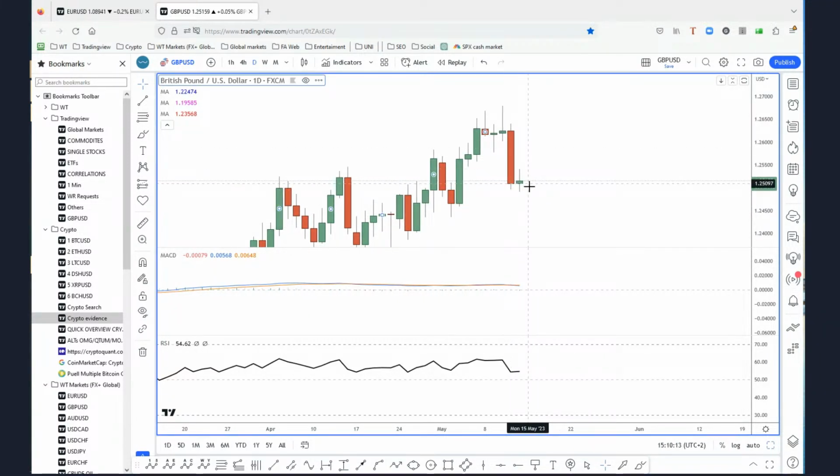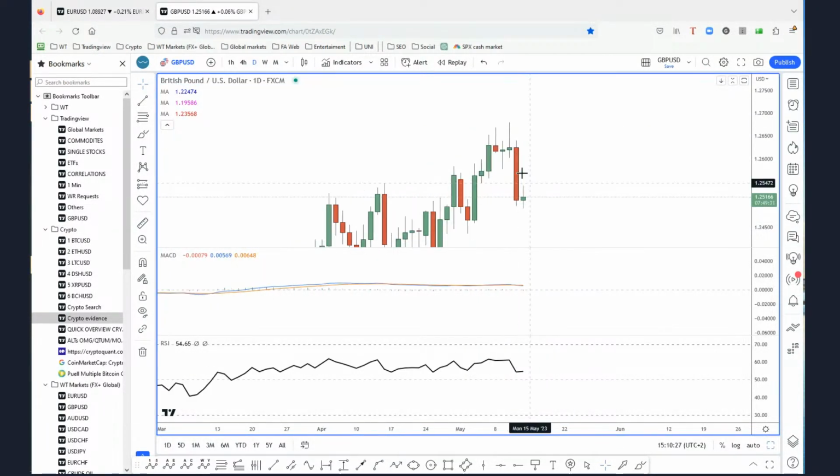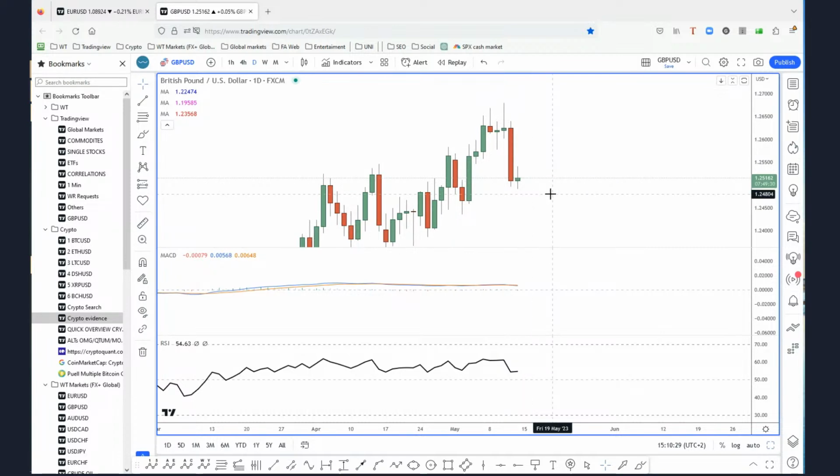So again, if we see a continuation lower today during the US hours, or maybe it just keeps chopping around here on the intraday basis, I still think that more weakness will be seen. So as long as we have this long red bear candle in place, I think that bears are in control, even if just temporarily.